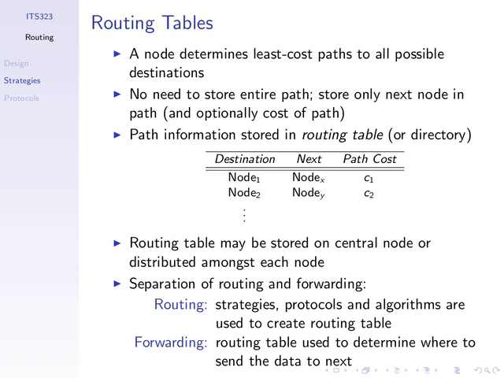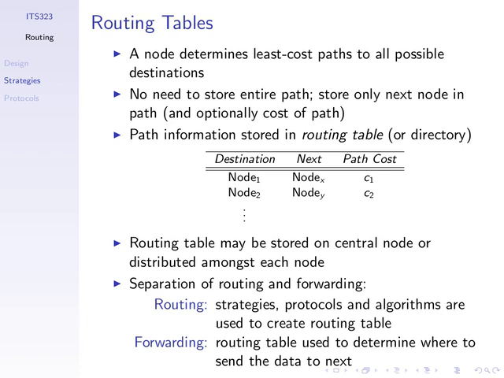To reach N5, N4. N6, N4. Those values, the next node in the path, that's all we store in the routing table.